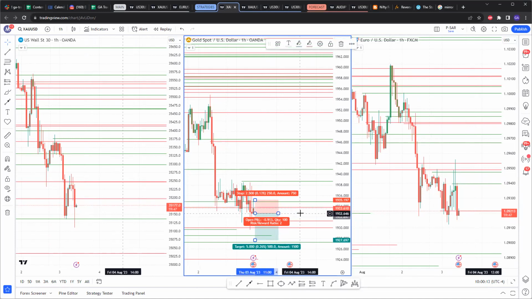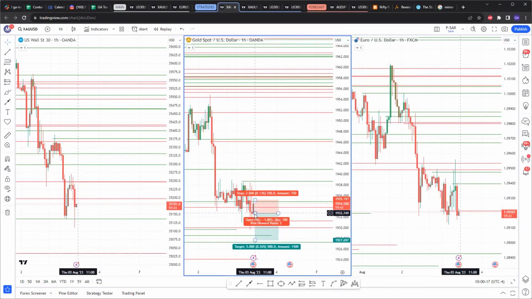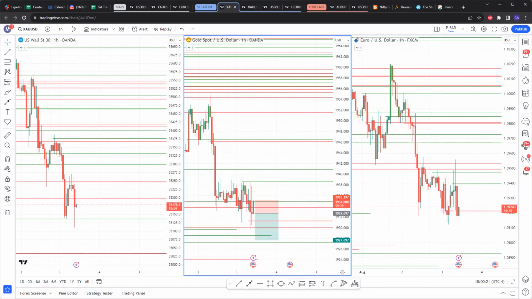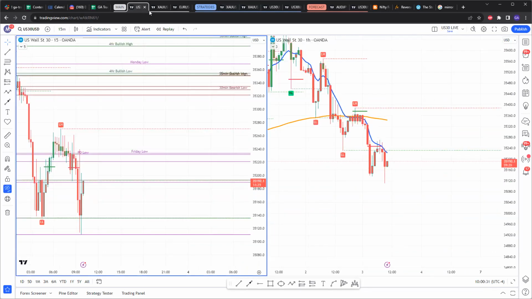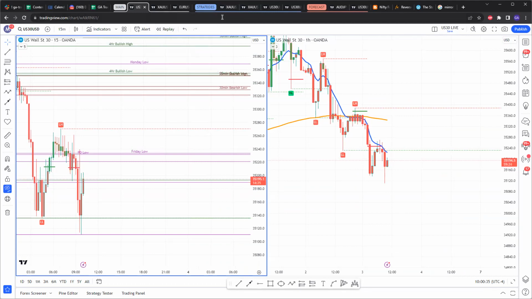For me, I didn't get a chance to enter it because it moved too fast. I will wait for this price to come back down here because you just had a quick spike. I don't know if anybody was able to enter it, but for me, I didn't. So keep in mind, this is scalping. So these things will move so crazily.